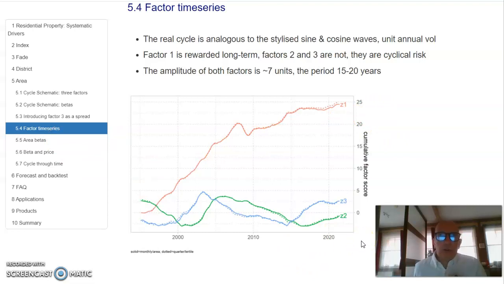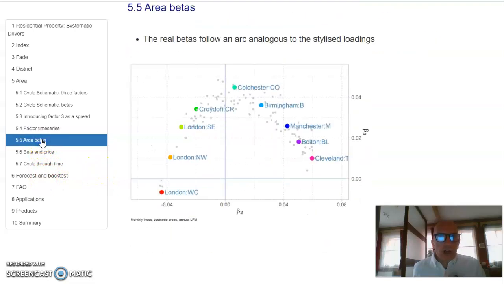The amplitude of both factors is about 7 units, and the period is about 15 to 20 years. And the real betas follow an arc similar to our stylized version. The range for beta 2 is about 0.1 or 10%, and recall these sensitivities. When the factor swings through 7 units over maybe 7 years, the differential impact can reach 0.7 or 70% more from peak to trough.